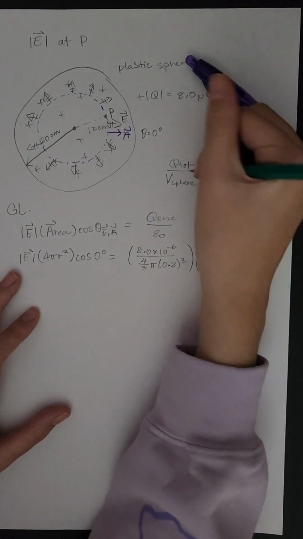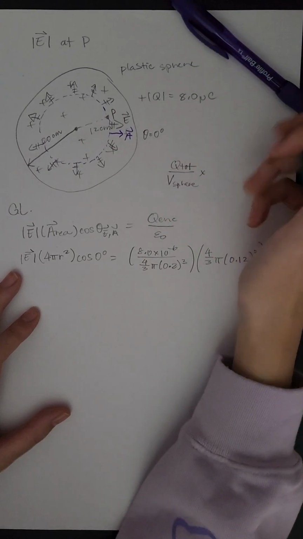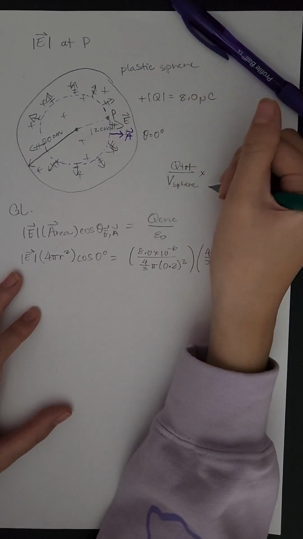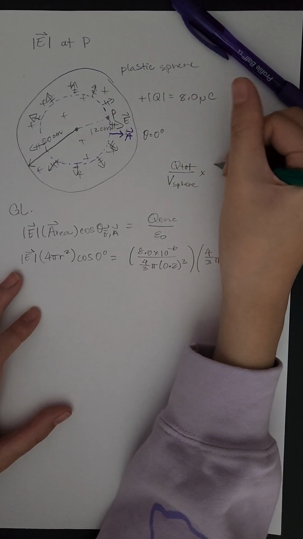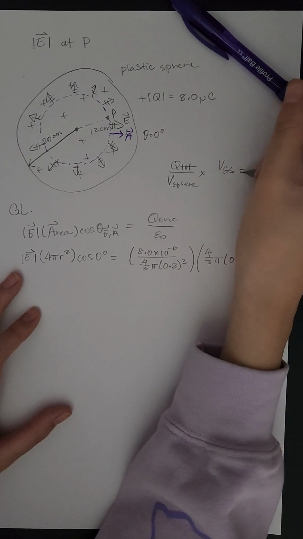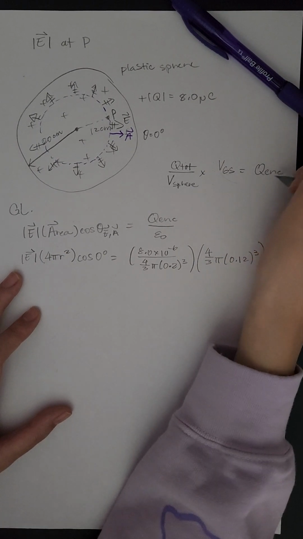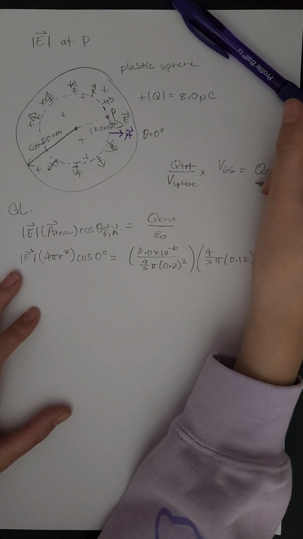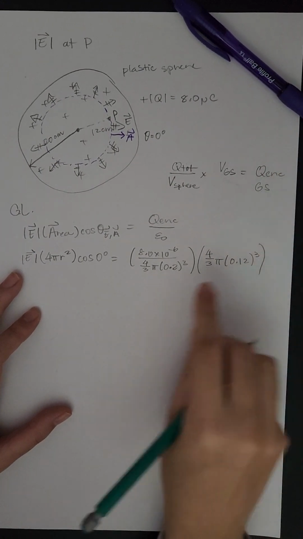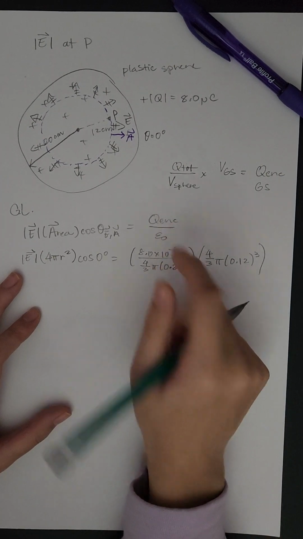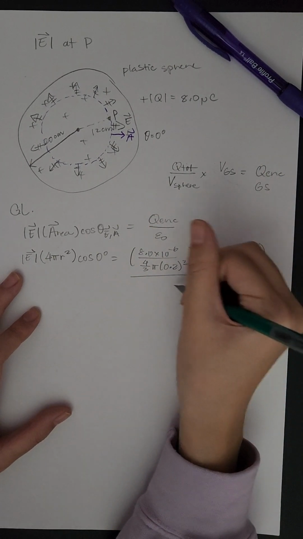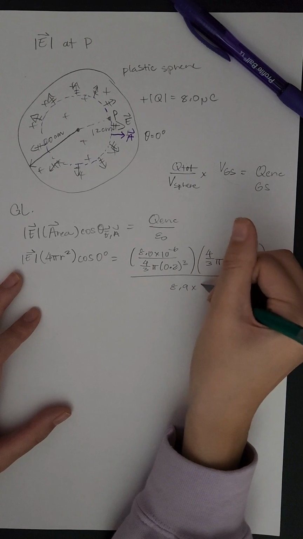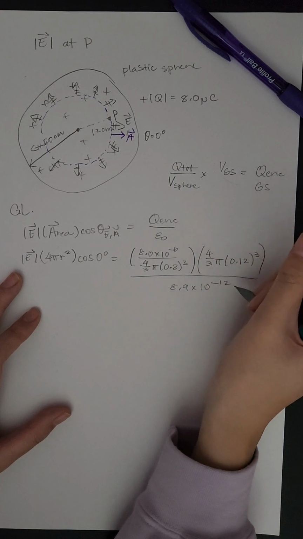So if we take the total charge over the volume of the sphere and multiply that by the volume of the Gaussian surface, we get Q enclosed of that Gaussian surface, which is what we want. And that's over epsilon 0, which is 8.9 times 10 to the negative 12.